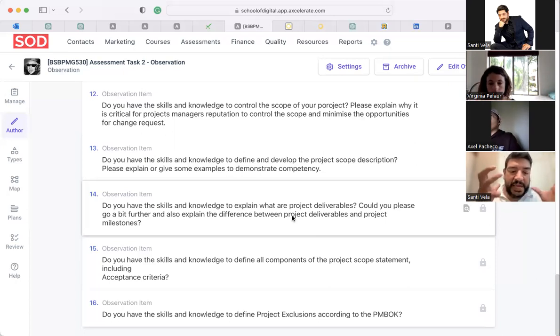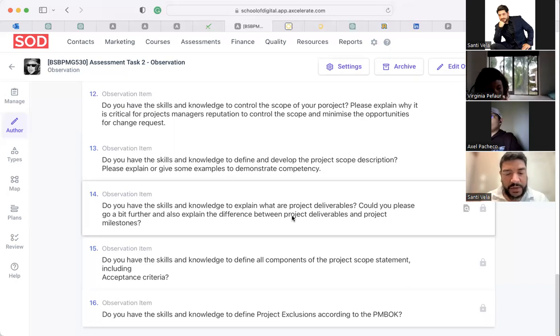are big stages within that project goal, big stages. For example, you are building a house: having the land ready, one stage. Having the structure of the house could be a second stage.